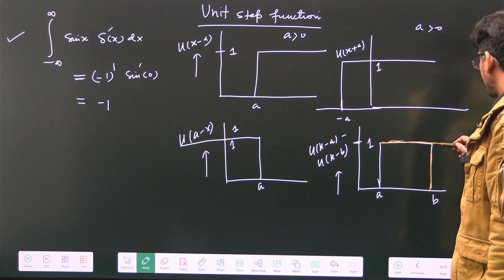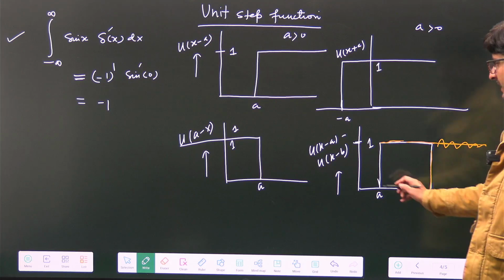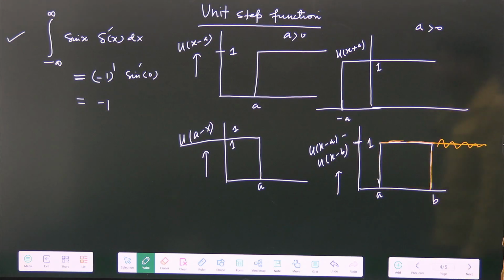So when you subtract, this part is wiped out and a barrier remains. So a barrier function can be represented by u of x minus a minus u of x minus b.